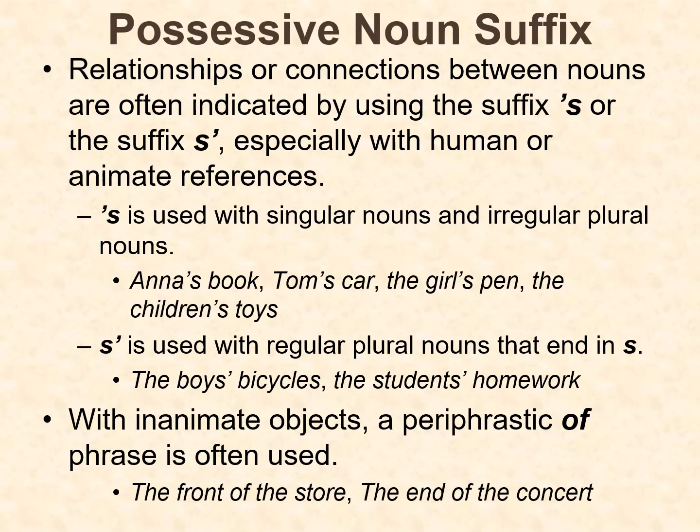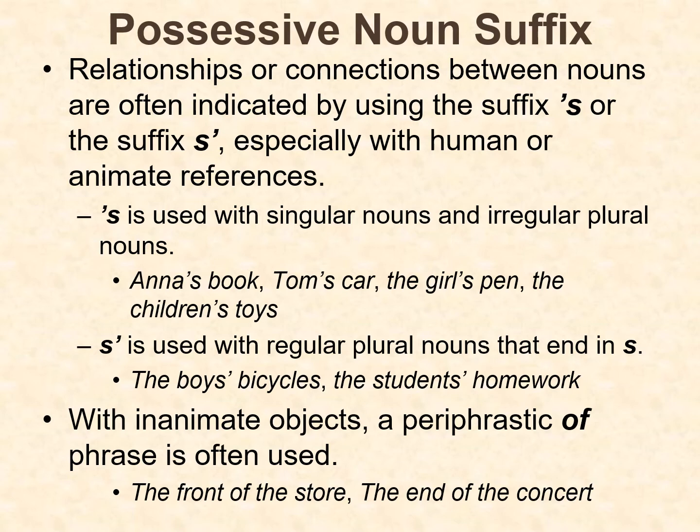There are different ways to show relationships between nouns, but one way to show these relationships or connections is by using what we call the possessive suffix with the noun, especially if we're referring to a human or an animate reference.